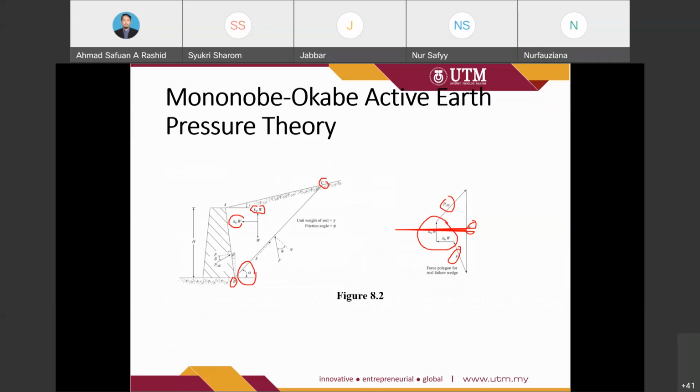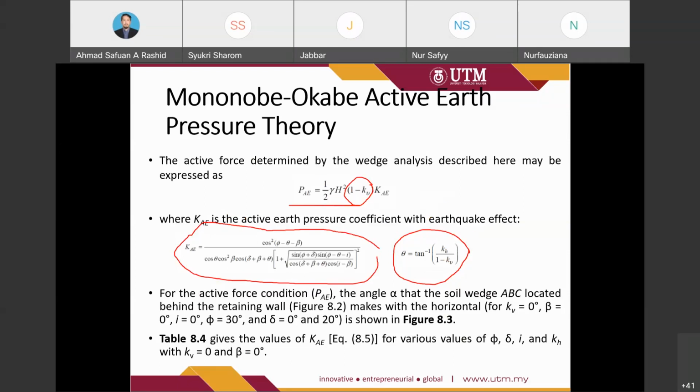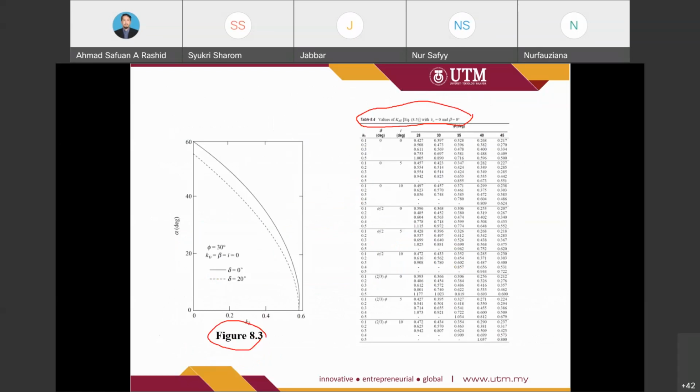But we may look at the use of the alpha later on. Then table 8.5 gives the value of KAE for various values of phi, theta, i and KH, with KV and beta equal to 0. So this is the condition when we want to use table 8.4 to obtain the KAE.